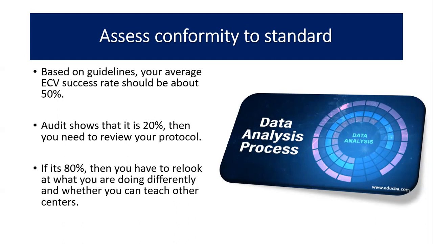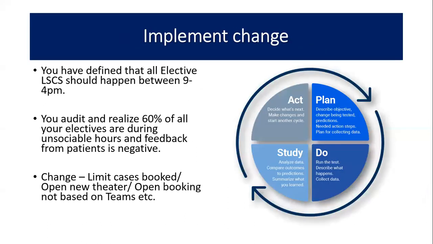If you do an audit and analyze your data that shows that your practice success rate is 20%, then you need to look at your protocol and see why you're at 20% and what you can do to meet acceptable standards. If you're at 80% success, then you need to really look at what you're doing differently and whether you can teach other centers how to improve their success rate. So these are all reasons why audit is very important.